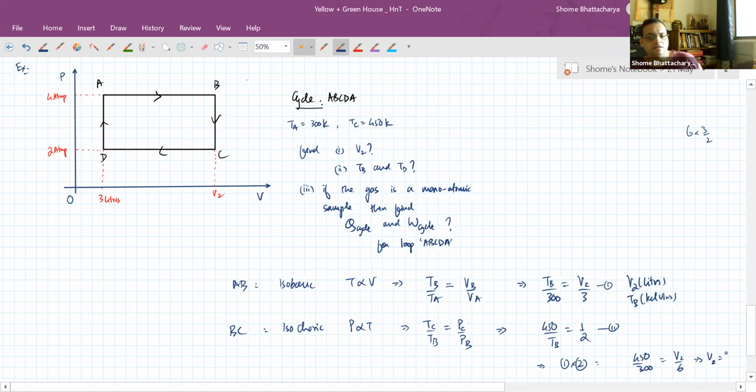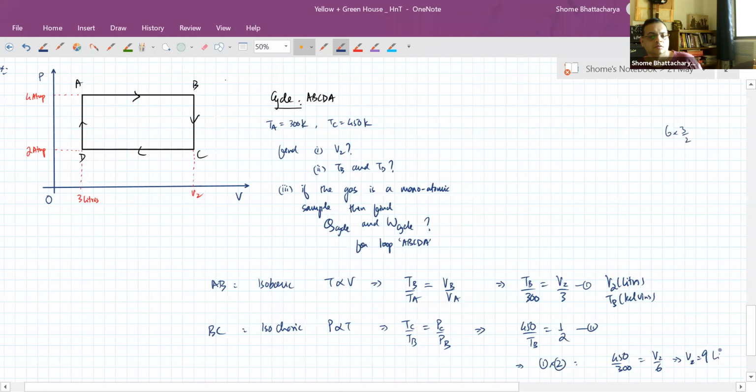So 9 liters. And once V2 comes out to be 9 liters, you can put that back over here. And from that temperature TB will come out to be 900 Kelvin.